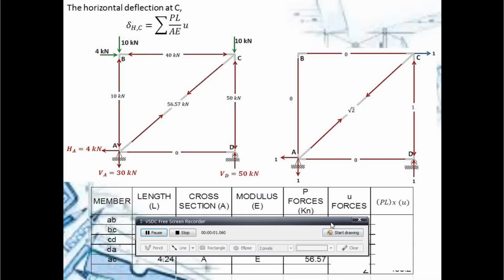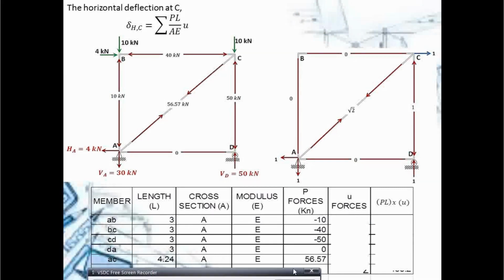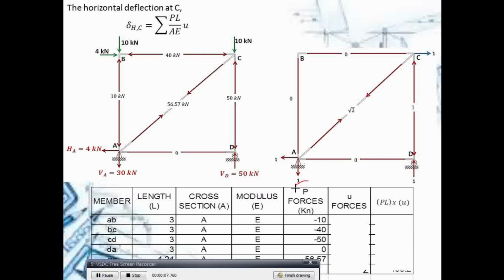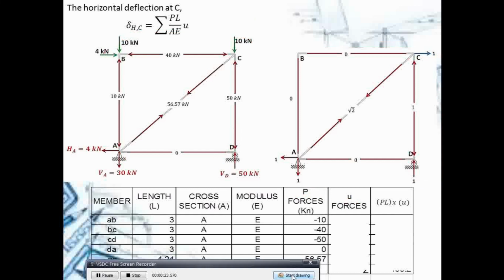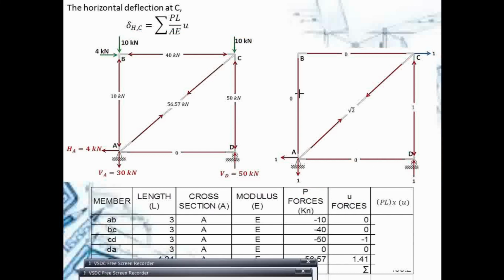And next, itong column ni U. Paano natin makukuha si U? Kung kanina, dito sa may P, ang kinonsider natin ay itong figure na to, this time, kapag si U na ang kukunin natin, we're going to consider yung na-solve natin dun sa may step 2. So, dun kay AB. AB is 0.